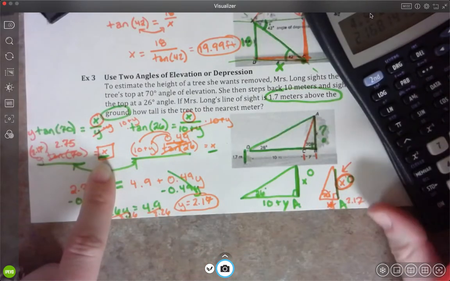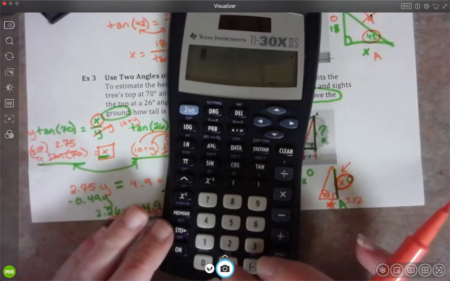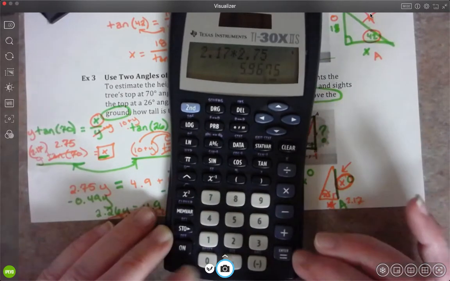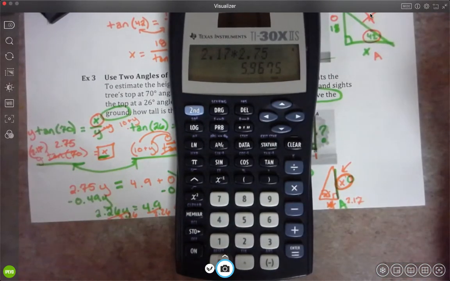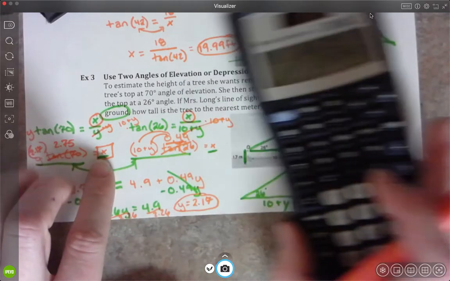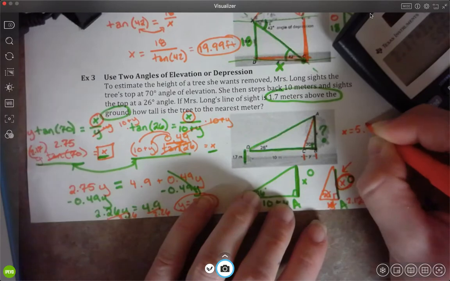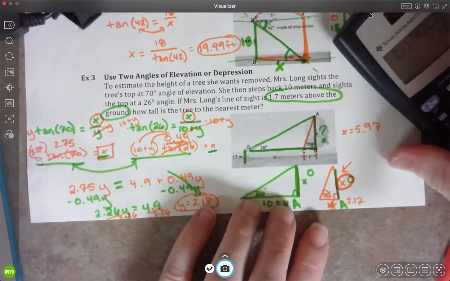So 2.17 times 2.75, and I get 5.97. x equals 5.97. Oh man, we were so close.